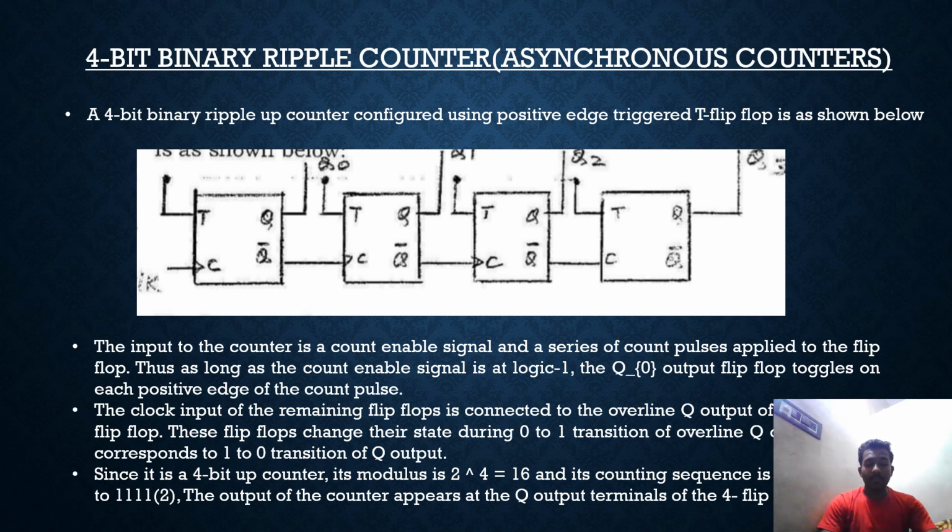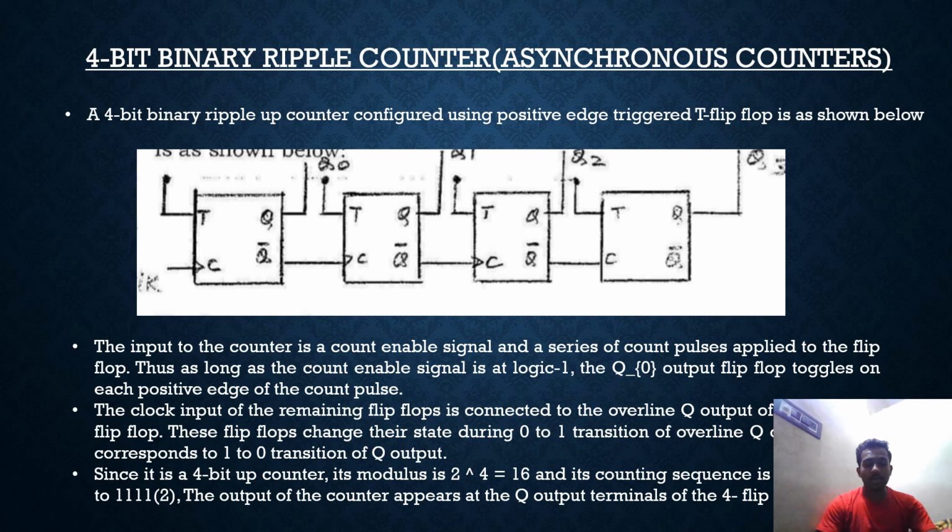Since it is a 4-bit up counter, its modulus is 2 to the power of 4, which equals 16, and its continuous sequence is 0000 to 1111. In binary, the output of the counter appears at the Q output terminals of the 4 flip-flops.